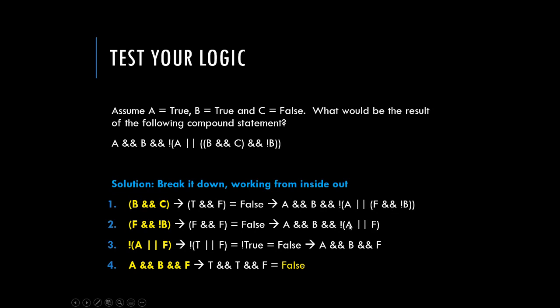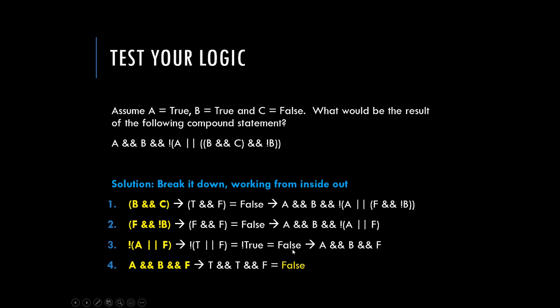So now I still have a set of brackets, and it's with a not in front of it. So not A or false. Well, when you have an or, then all you need is one of them to be true in order for that result to be true. So we have true or false because A is true. So that means the brackets evaluates to true, but the exclamation mark means not true.